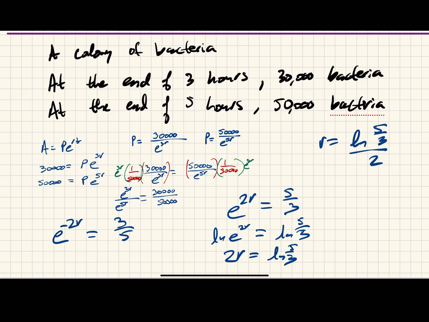So P would be equal to 30,000 over e raised to the 3 times the natural log of 5/3 over 2. Now, when you do that in your calculator, be sure and use your parentheses, right?